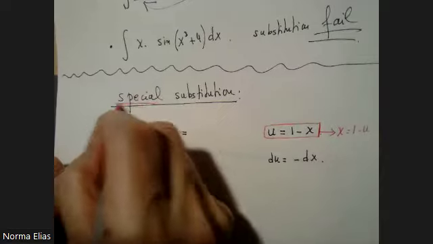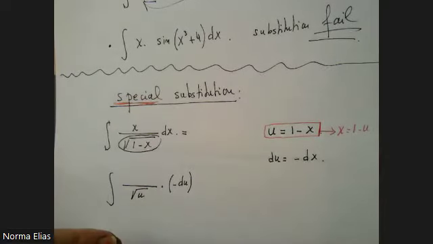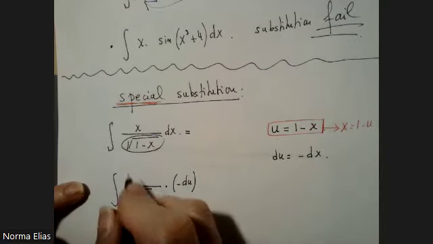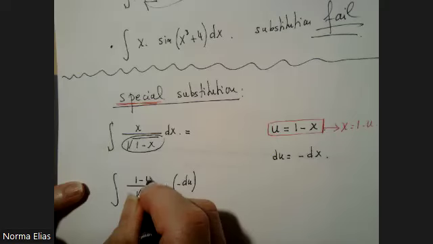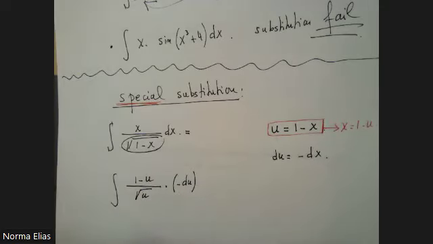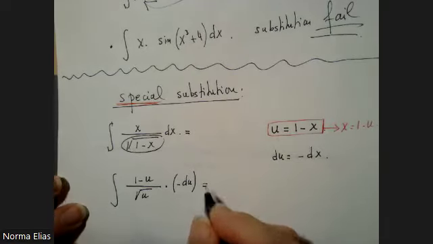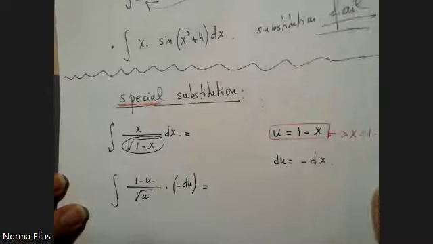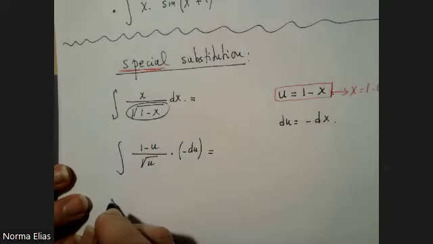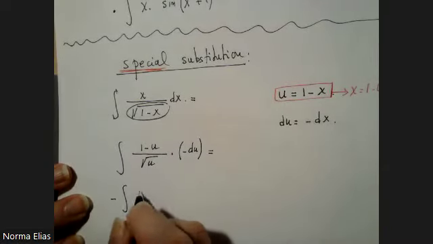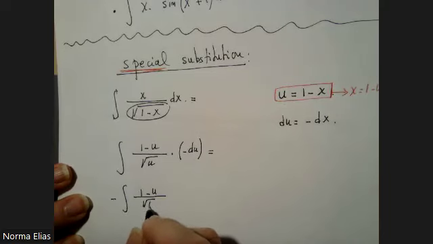That's why I call them special types of substitution. Now I'm going to plug it here. I'm going to put 1 minus u. Are you with me so far? Now this is an integral in u that I should be able to do. The minus can go out and I will be left with 1 minus u over the square root of u du.